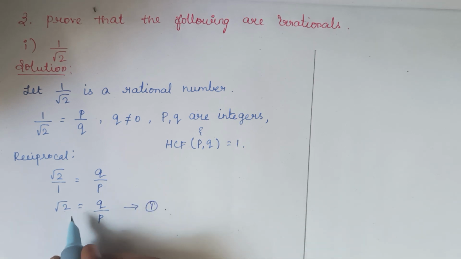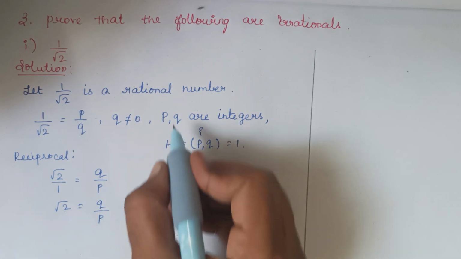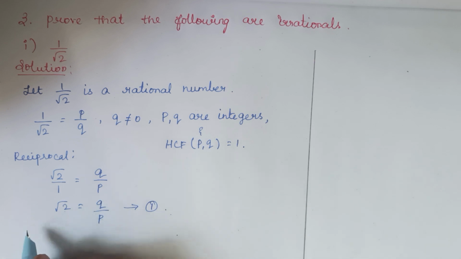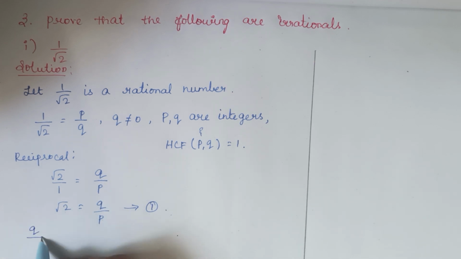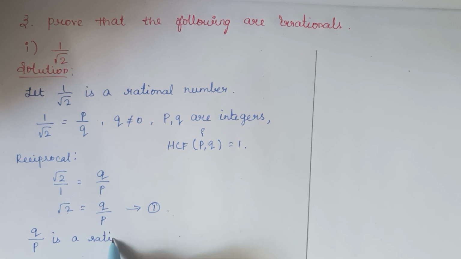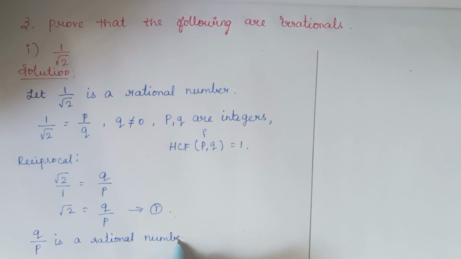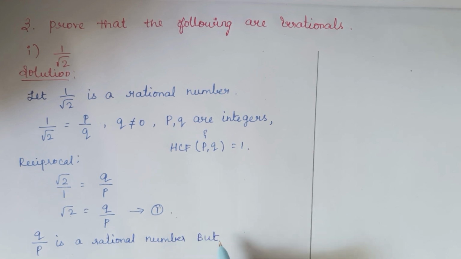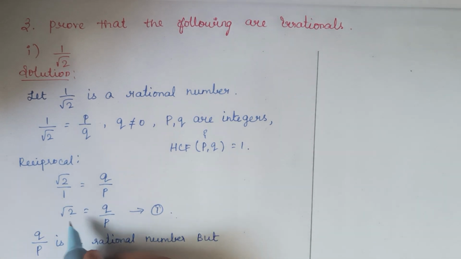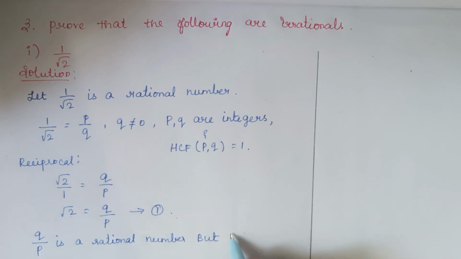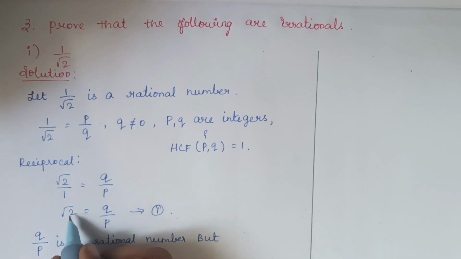Now Q by P is a rational number, as I said, if P and Q are integers. But already we know that root 2, where 2 is a prime number, so when a prime number is under the root, root 2 is an irrational number.